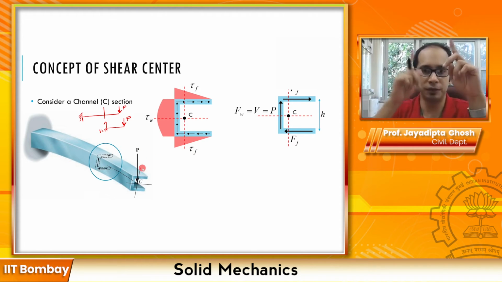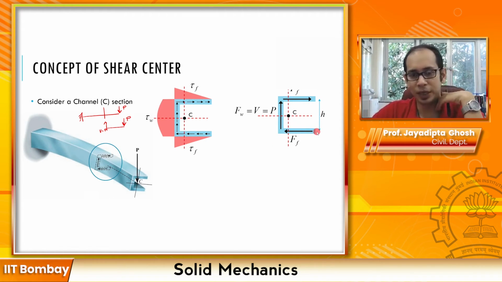So to obtain the vertical force equilibrium, these horizontal forces are automatically balanced, because this is equal in magnitude and opposite in direction to this one, so that is balanced. And this P must be equal to the externally applied P over here. Now, very important, you have to closely observe over here. These two are equal and opposite forces which are separated by a distance h.